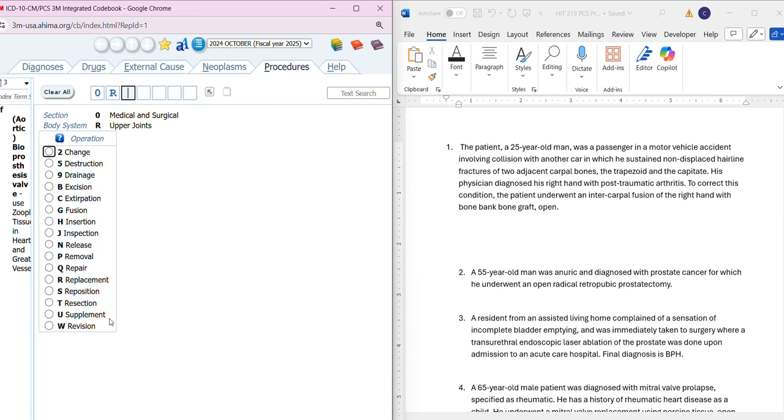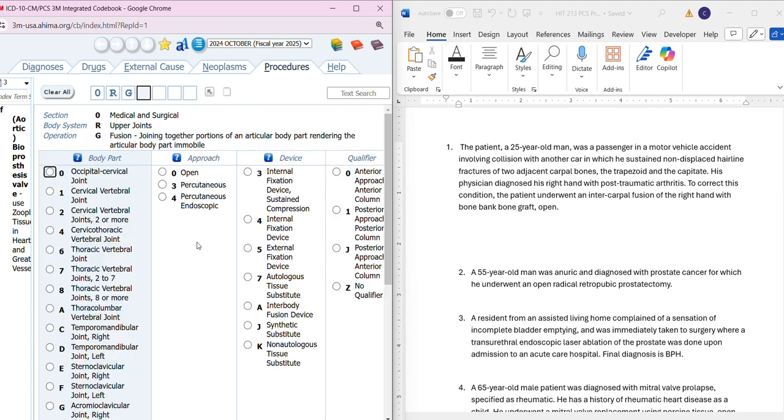Our third character, our root operation, is going to be fusion, which is G, because it says intercarpal fusion of the right hand.